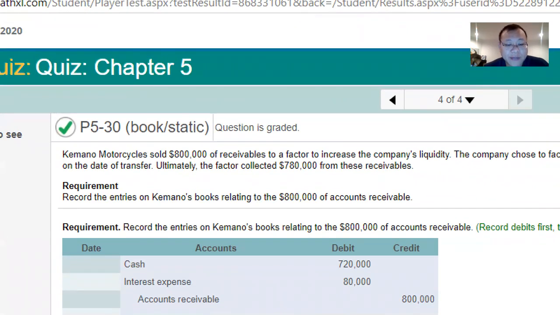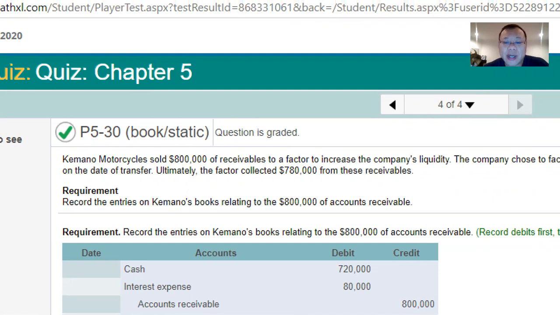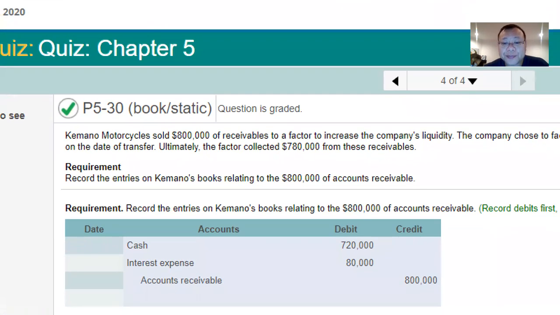On the date of transfer, ultimately the factor collected $780,000 from these receivables. Requirement: record the entry on this company's books relating to the $800,000 accounts receivable.